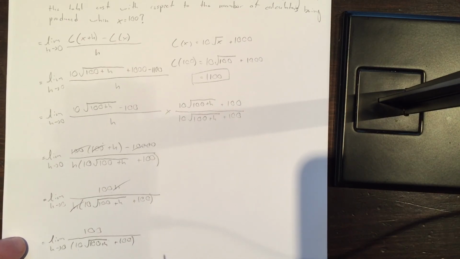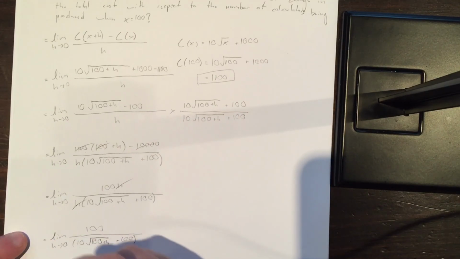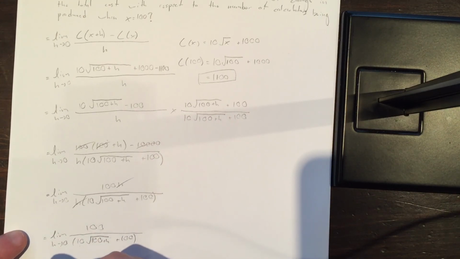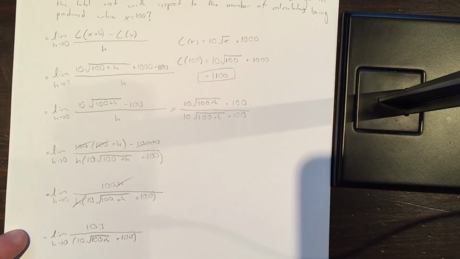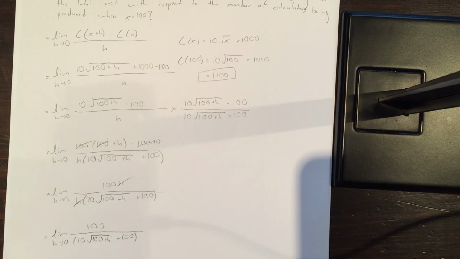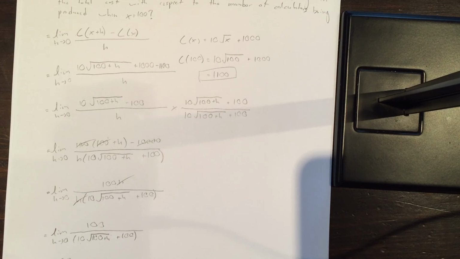Now, things get a bit easier because we can just set h equal to 0, like we did in the previous example. So we have 100 in the numerator over 10 root 100 plus 100 in the denominator. And then all we have to do is solve this. When we solve that, it should come out to 0.5.